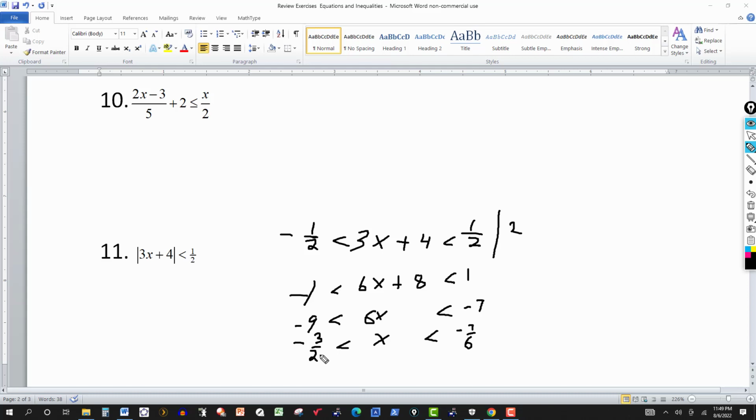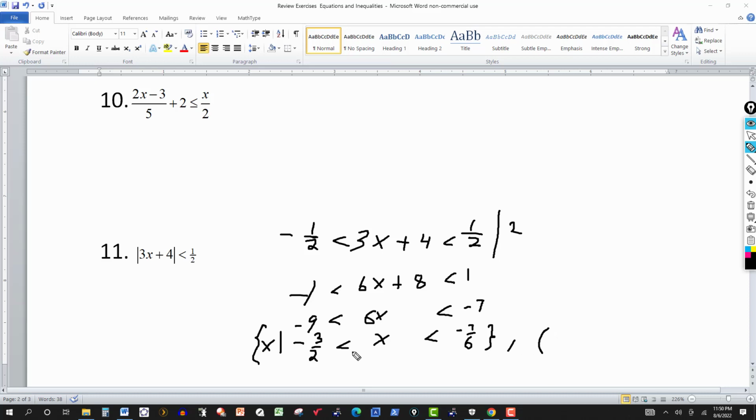So for set notation, we could just write it this way: set of all x such that x falls between -3/2 and -7/6. In the interval notation, we could write it as open parentheses.